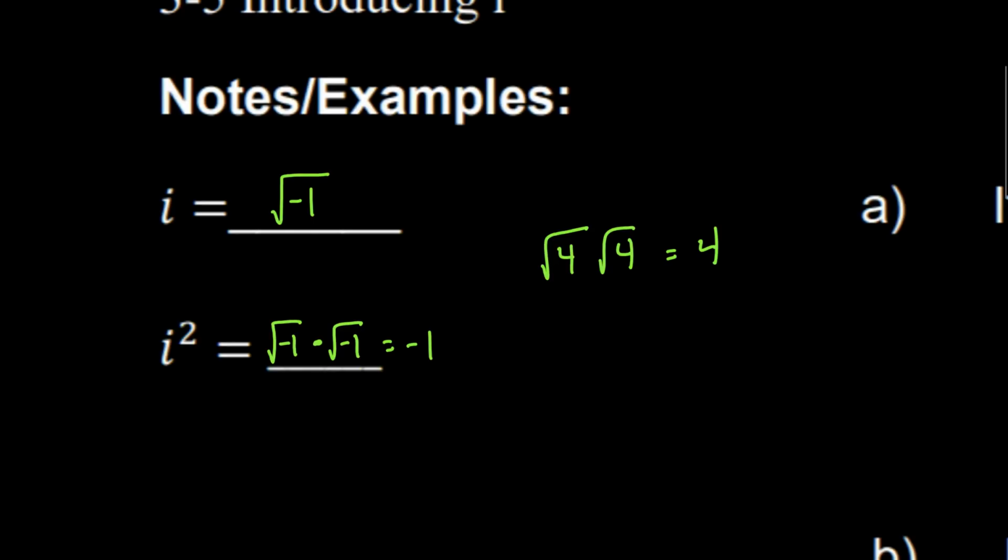It becomes no longer imaginary, but real. That is why they created i, right? You're thinking to yourself, why are we caring about something that's imaginary? We care about it because eventually in our problem, we may end up with a real answer.